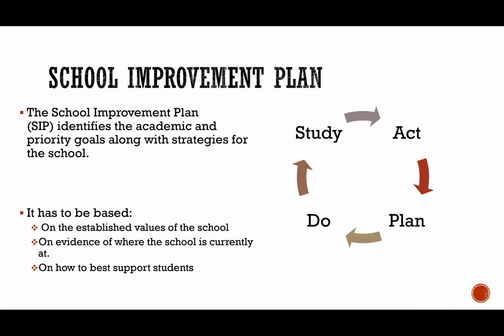Let's take a specific example. Today, if we are trying to initiate a new strategy to improve critical thinking in the school, we have to ask ourselves, where are we in developing the critical thinking skills? At what level?